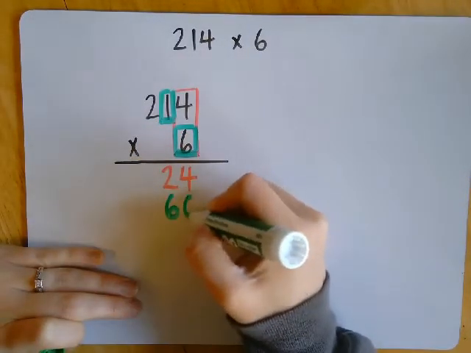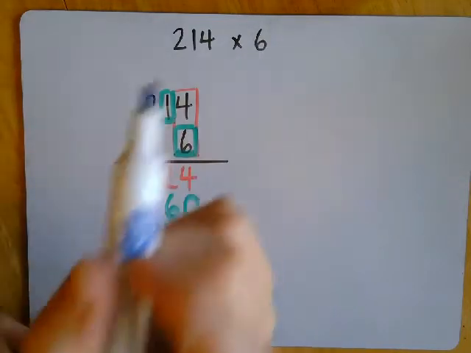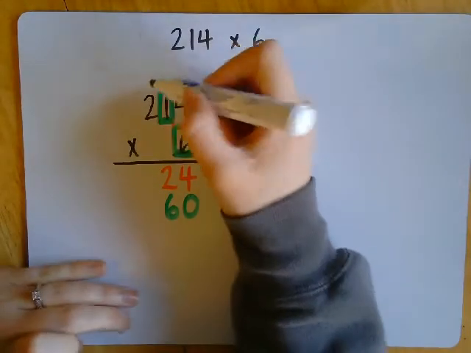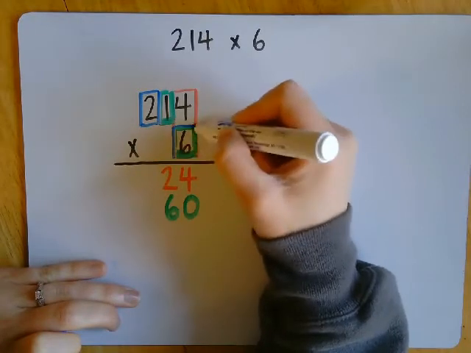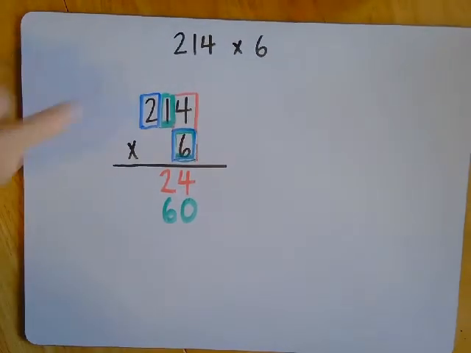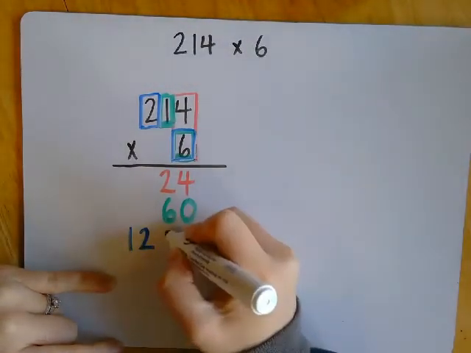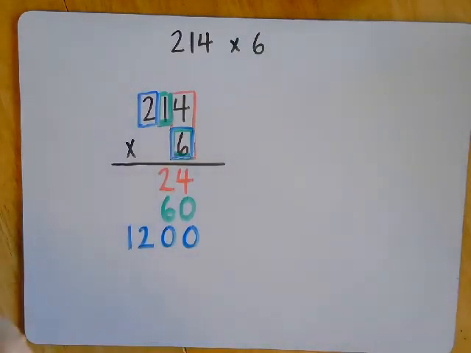So I could put that right below here. And then last but not least, I need to multiply the ones by the hundreds place. So that would be 200 times 6. And I know that 200 times 6 looks like 2 times 6, which is 12. But because it's in the hundreds place, I need to add 2 zeros. So those are my parts.